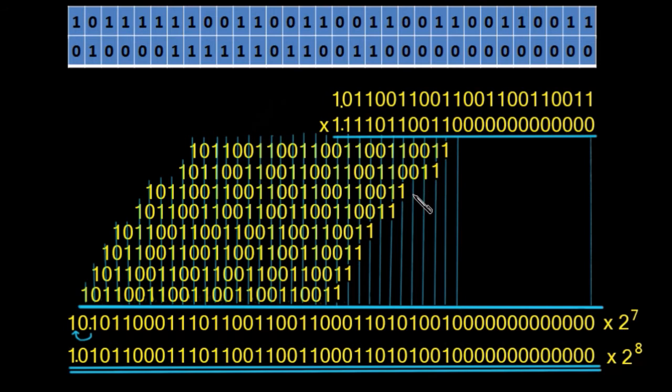And then the next value is the 1, and we copy it over here. And we continue doing this all the way along until we get to the very last one. And that's all I've done here. So it's no different than if you were multiplying together two decimal numbers.